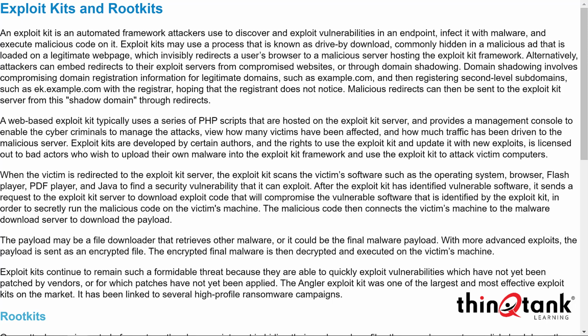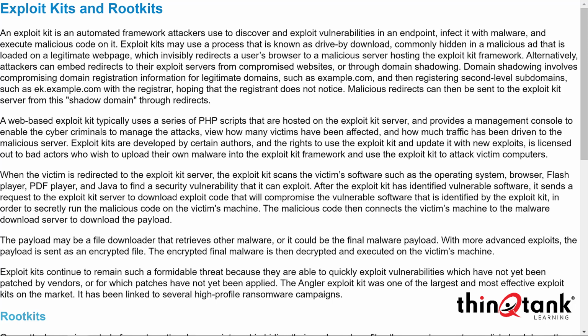RIG, that kind of came out in 2018, and it also had several different ways of delivering or distributing those payloads, and it was used primarily for things like coin miners or banking trojans, ransomware, and so on. As far as the scope, Grandsoft and Magnitude and RIG was by far the most active exploit.